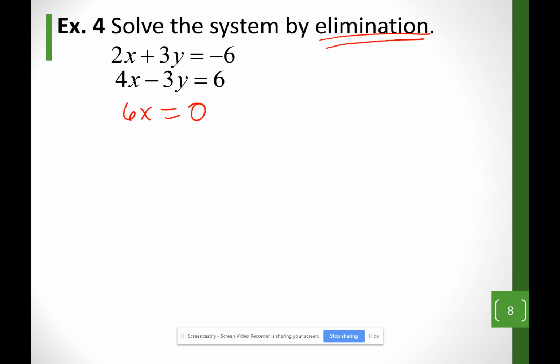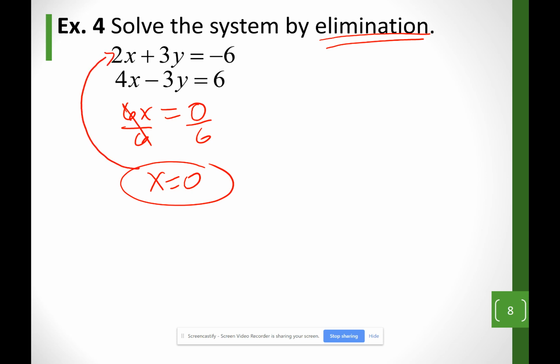So I have that 6x equals 0. Let me divide both sides by 6. And that gives me half of my answer. Now that I know the value of x, let me plug it into any equation that I have. I'm going to use this equation. So I have 2 times 0 plus 3y is equal to negative 6.